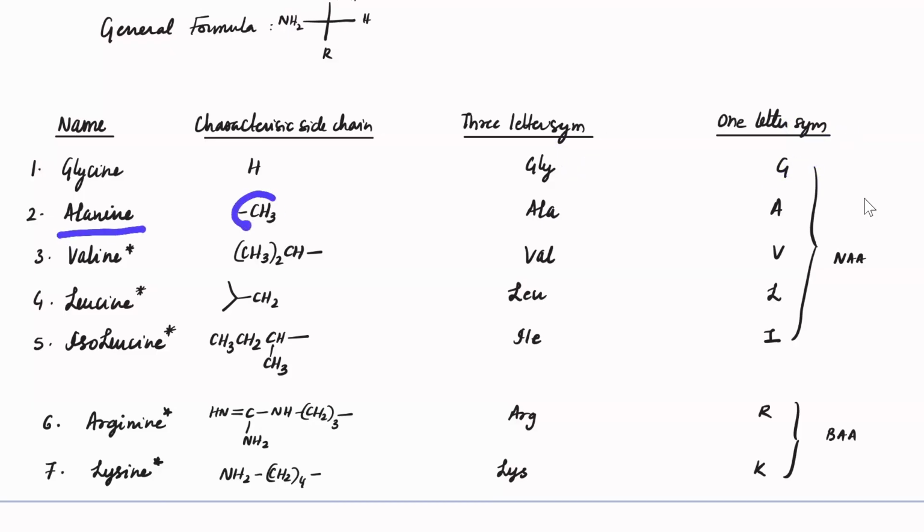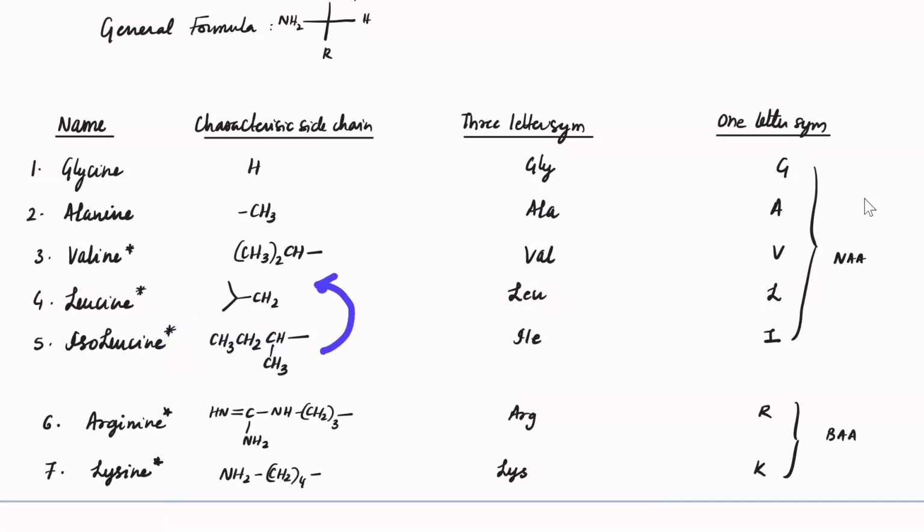Alanine is CH3. So that is ALA and A. Valine has an isopropyl group connected here. That is VAL and V. Then leucine. Leucine is an isobutyl group. So that is leucine and L. Then you have secondary butyl, which is isoleucine.